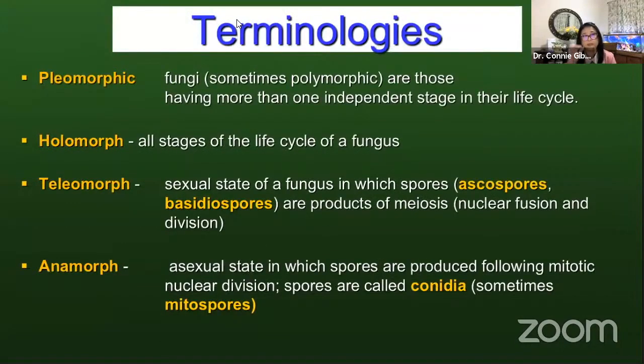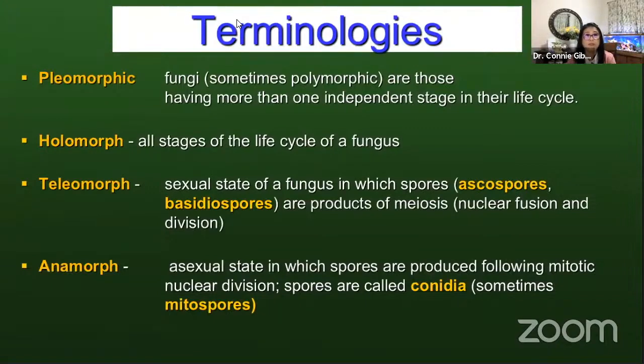So a few terms, because these are relevant to our talk today. There are fungi that are pleomorphic. Pleomorphic fungi have more than one independent stage in the life cycle, so they have many morphologies. Then we have the holomorph, which has all the stages of the life cycle of a fungus.